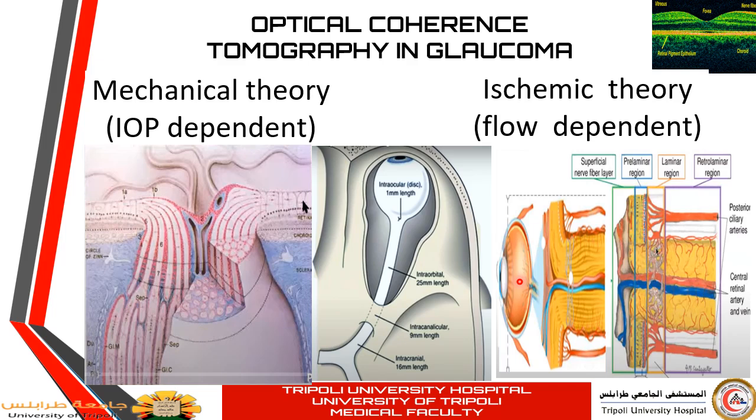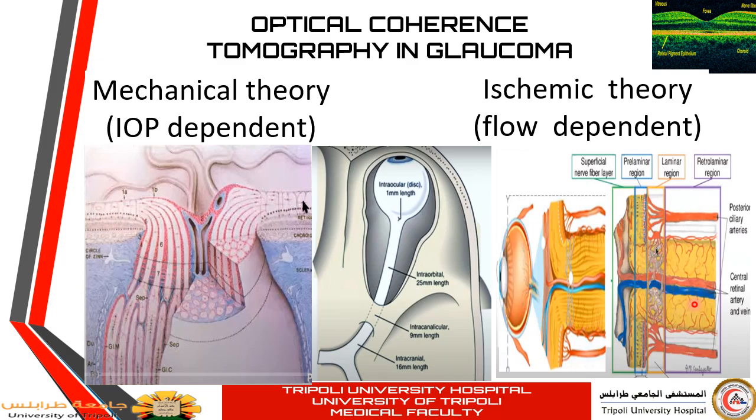The same thing applies regarding the cerebrospinal fluid. As you know, once the optic nerve leaves the sclera and goes to the intraorbital part and then to the intracranial part, it is surrounded by the meningeal sheath, and there is a subarachnoid space filled with CSF.